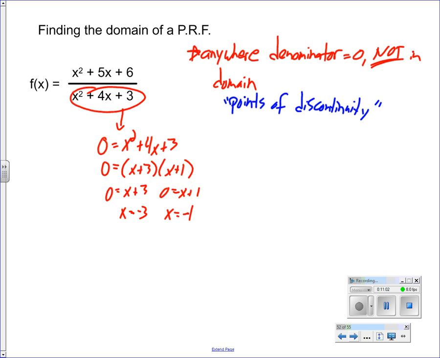So from this we can already define the domain. We're going to exclude -3 and -1, and we're going to include everything else. So we'll go from -infinity up to -3, not include -3, go up to -1, not include -1, and go up to infinity.